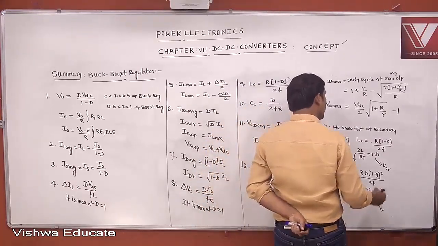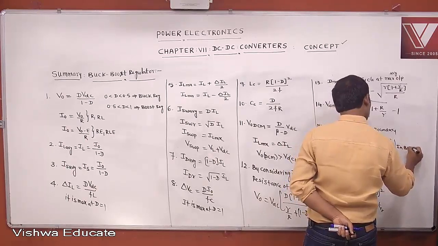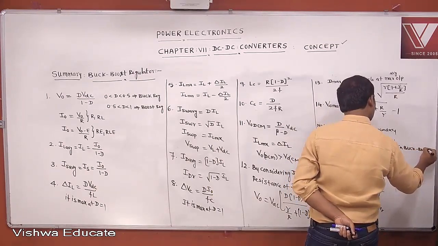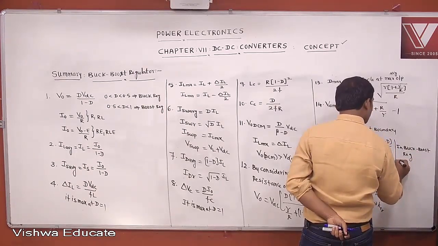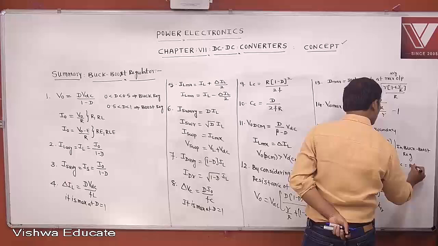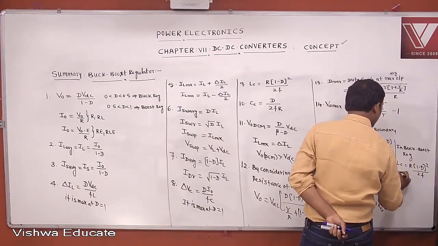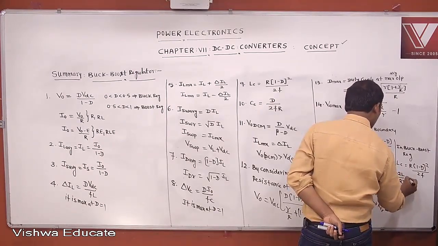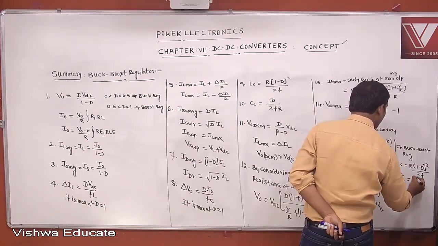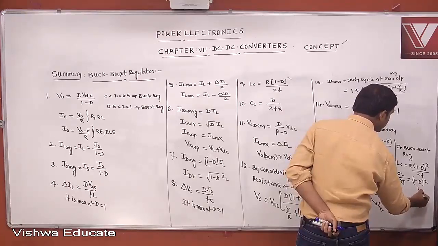In buck boost regulator, what is LC equal to? R into (1 minus D) whole square by 2F. So 2L by RT equals (1 minus D) whole square. You take this as K and this as KCR.